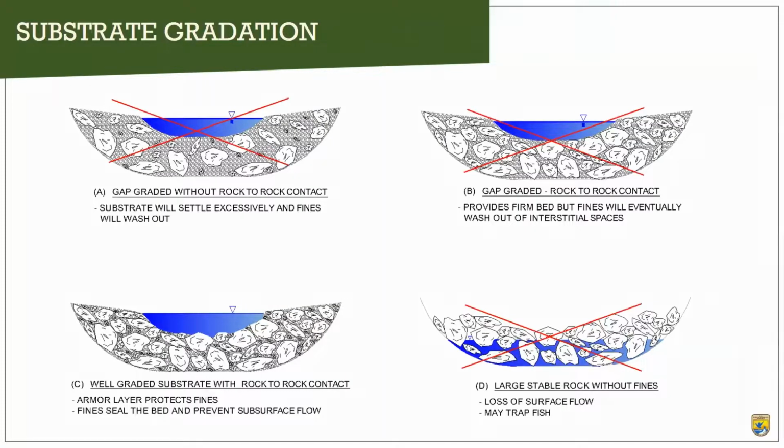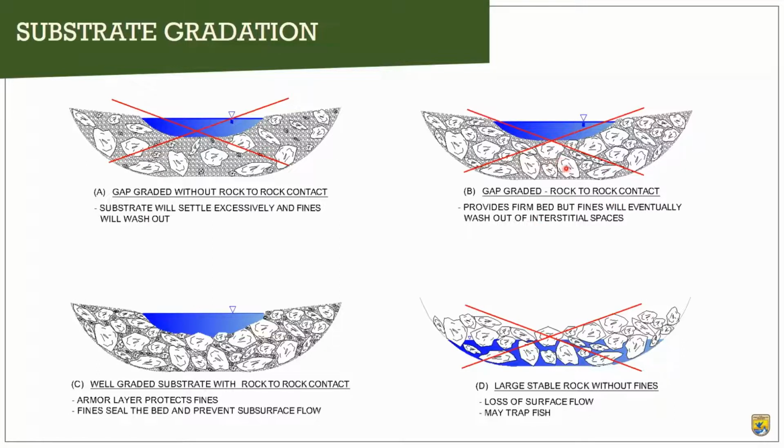The best substrate gradation is C. We want to have a well-graded substrate with rock-to-rock contact. So we don't want to have a gap-graded substrate where we've got big rock and then a bunch of sand in there. Without rock-to-rock contact, especially, that's going to settle and the fines will wash out.